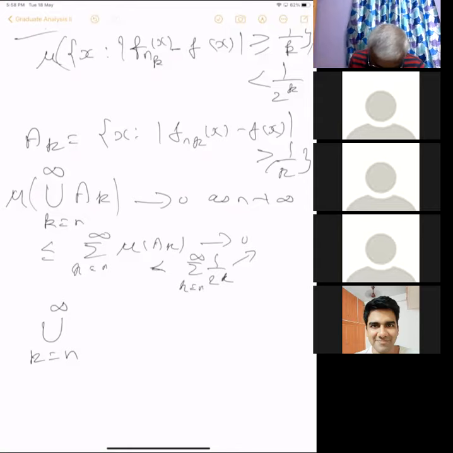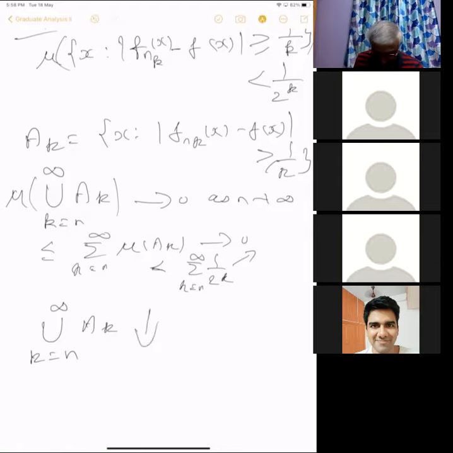The union of AK, k equal to n to infinity, is a decreasing sequence, because it's a union, and mu of this goes to 0. That's what I have written.